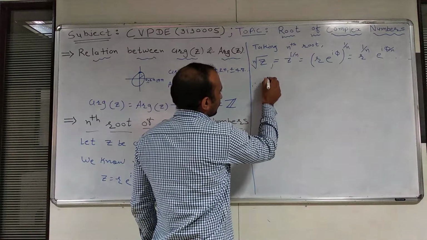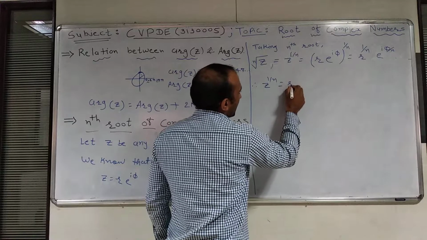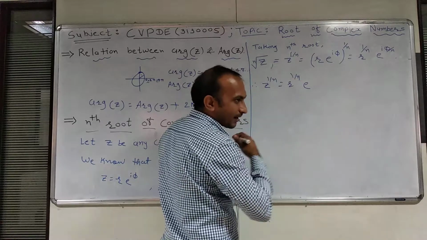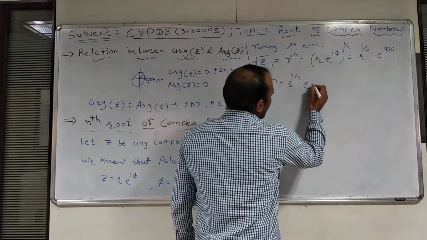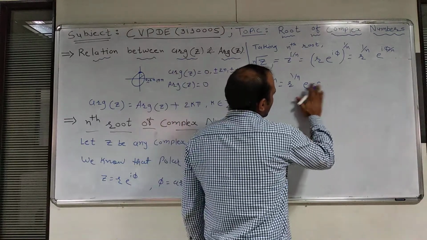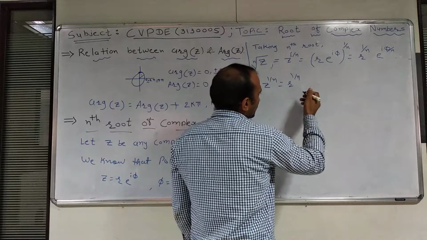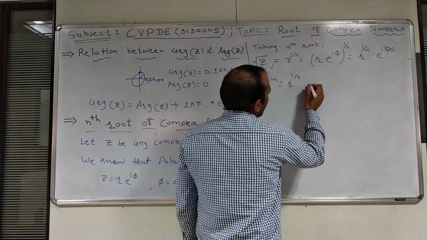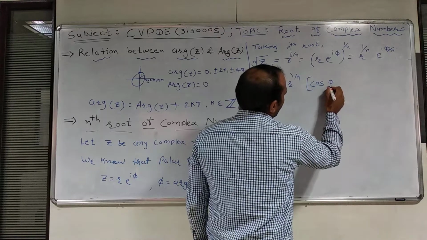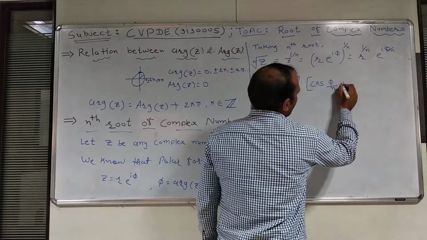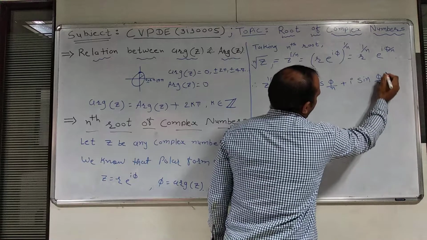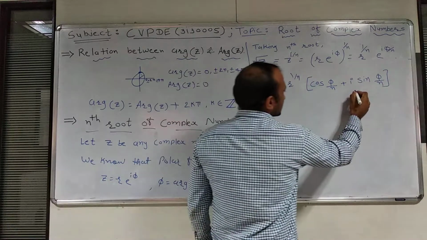Z raised to 1 upon n equals R raised to 1 upon n times e raised to i phi by n. To write it in a single line we use Euler's formula: in brackets cos phi by n plus i sin phi by n.